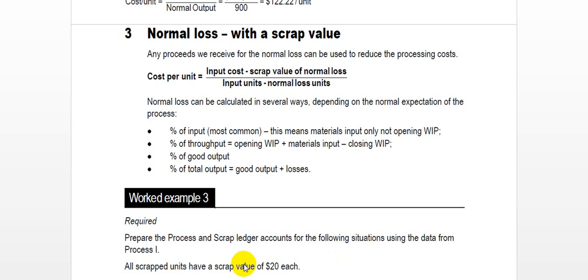The offals are part of the meat. But the skin of the cow, we don't eat that, do we? No, we don't. You still sell that for the people who make what? Leather shoes? But your aim was to get the beef. So the skin becomes scrap value, becomes normal loss with the scrap value.